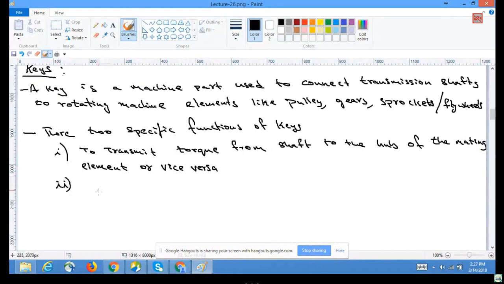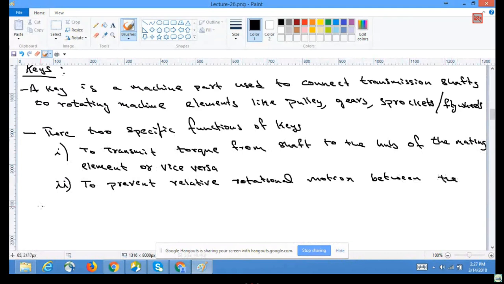Secondly, to prevent relative rotational motion between the shaft and the hub, at times as well axial motion.